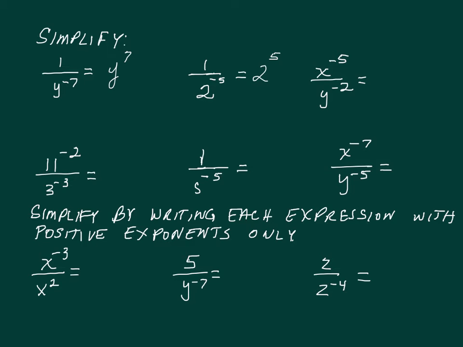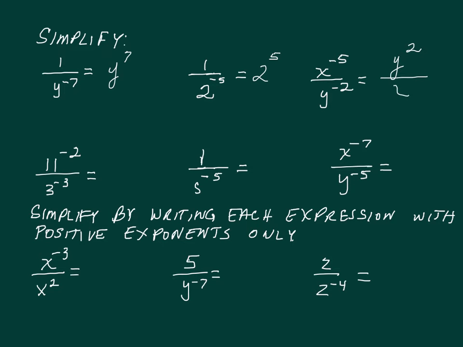Now, in this third one, going across, notice that the x has a negative exponent in the attic. The y has a negative exponent in the basement. So we have to change their location. The y needs to come to the attic now, and its exponent becomes positive.